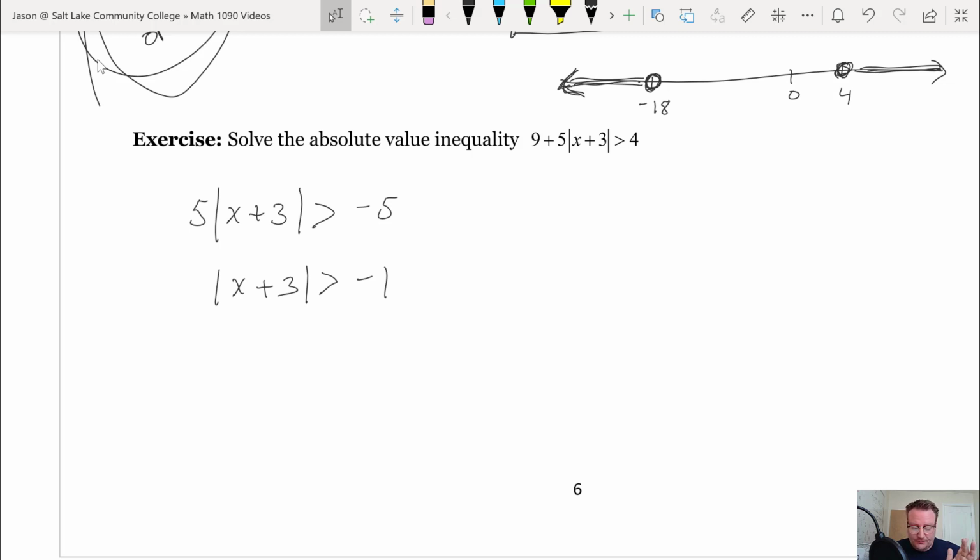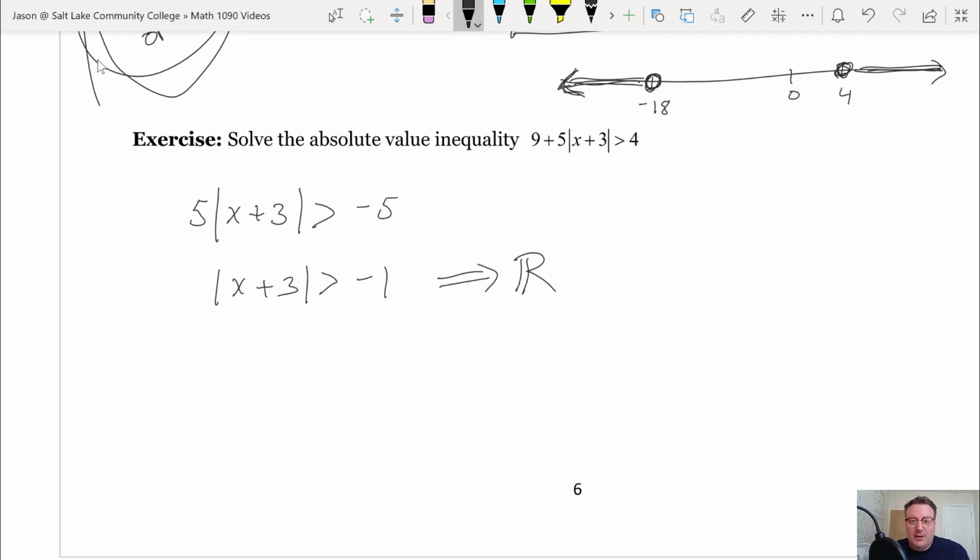Okay? Now, in other words, no matter what I put in for x, the output of this function will always be 0 or higher. So it will always be greater than negative 1. Okay? So this means that all real numbers satisfy this inequality. Okay?